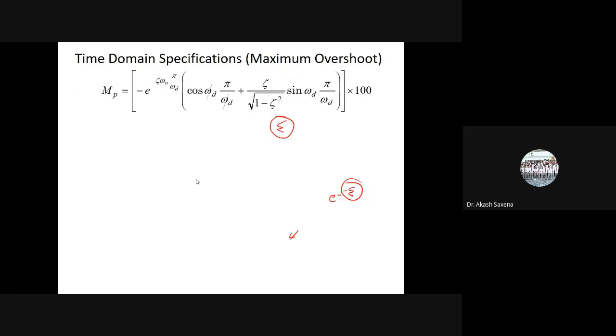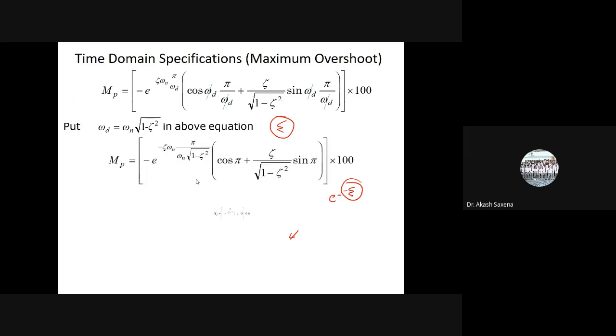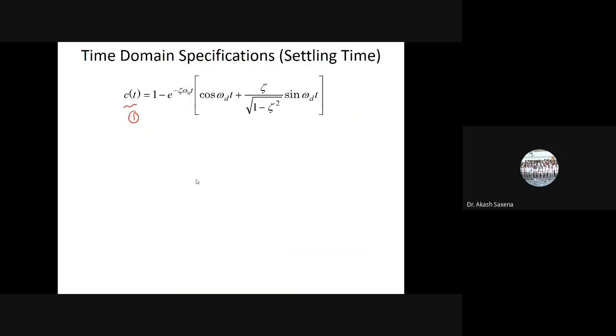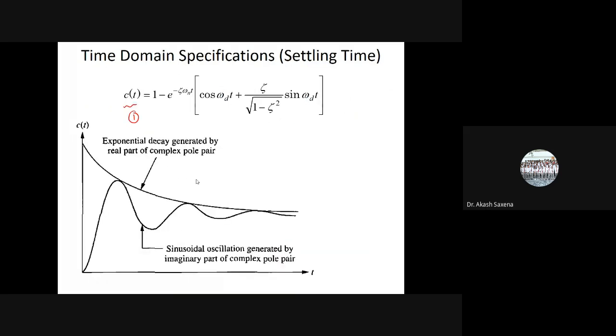This will be the peak overshoot. With simplification, the maximum peak overshoot will be e to the power minus pi zeta divided by root of 1 minus zeta square, into 100. So these are some time domain specifications.